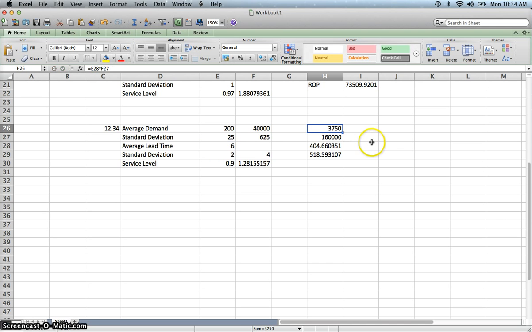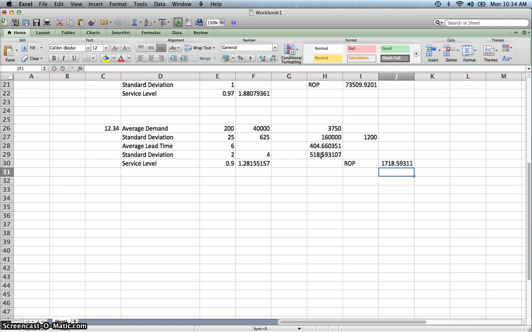The normal reorder point is simply the average daily demand times the number of the lead time in weeks. And so it's 1,200, but that would be fine if there wasn't any variability, but we know that demand's variable and lead time's variable, and so this is actually that reorder point plus this additional safety stock.